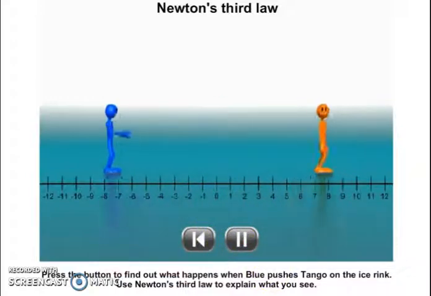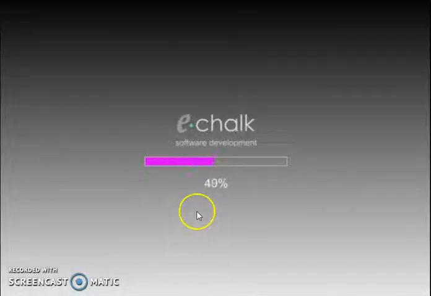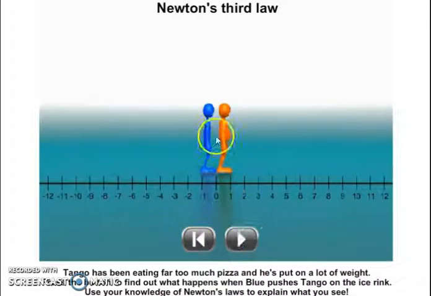Okay, so just to combine that into another one, you can see my brother Red has eaten some prata and he's gained a little bit of tummy here. So since he has got more mass right now, when brother Blue pushes brother Red, both of them will have the same equal and opposite forces, right? All right.